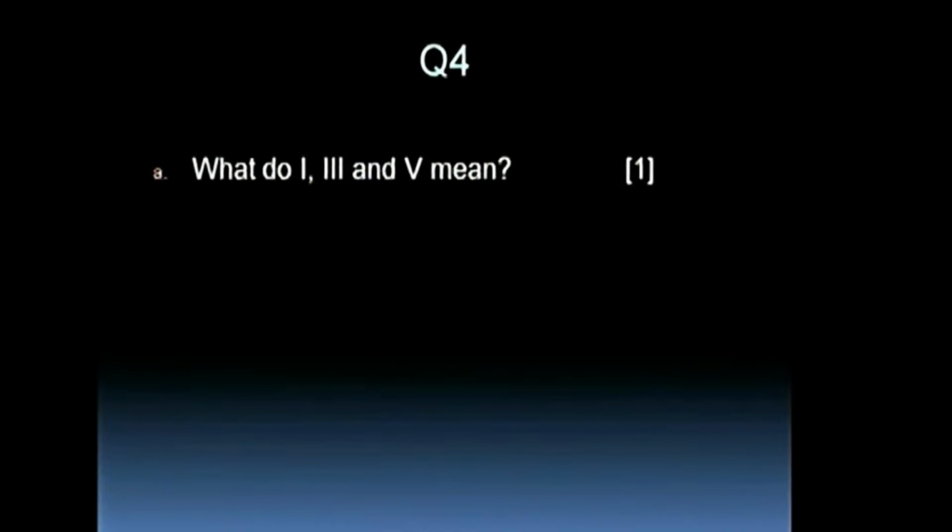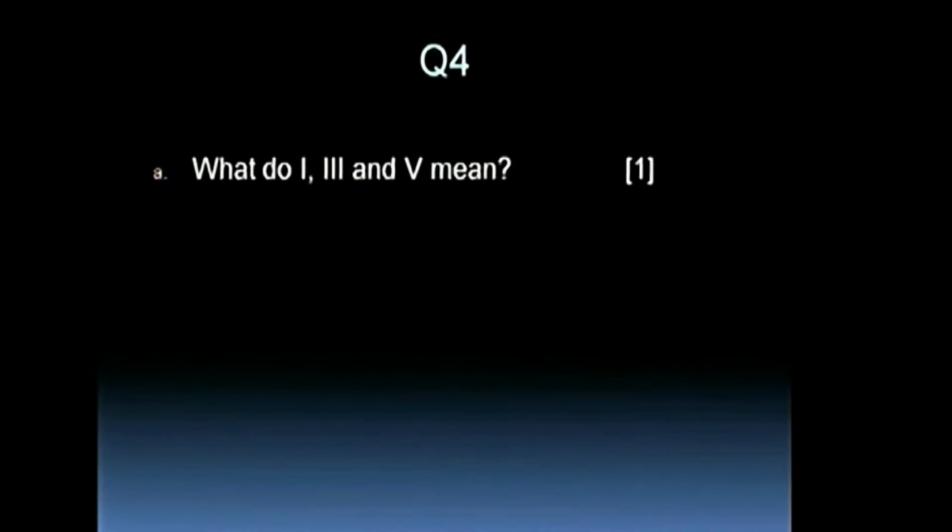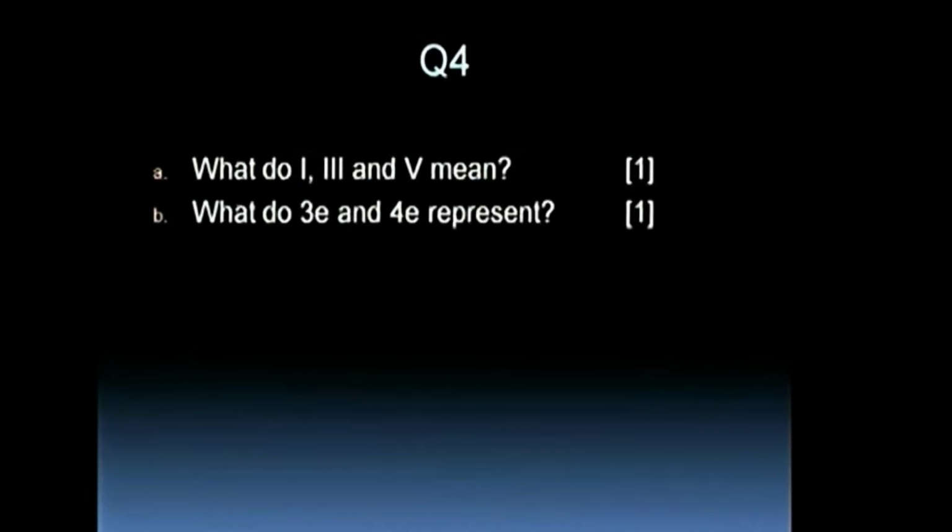Part A is, what do 1, 3, and 5 mean in Roman numerals? So what does this 5, 3, and 1 indicate? Part B, what does 3E and 4E mean?